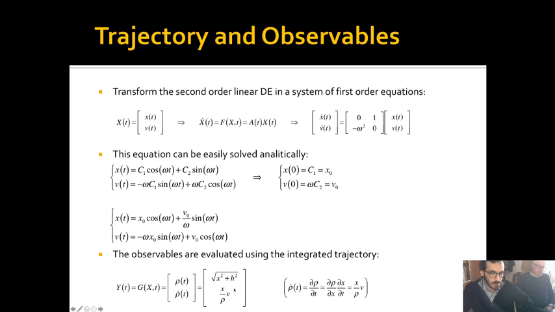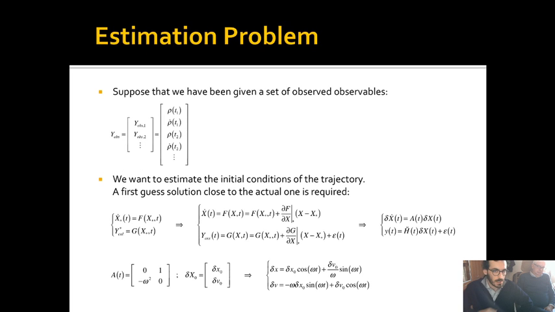linearize the observation equation. It's easy, you know how to do it, because here you have the expression. We know that y equals g of x(t). So if we linearize this, we get g of x star(t), that is our linearization point. As you know, when you do, for example, a Taylor expansion, you have that the function is equal to its value on the linearization point plus some higher order terms.